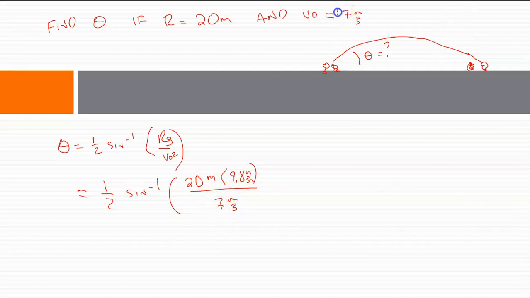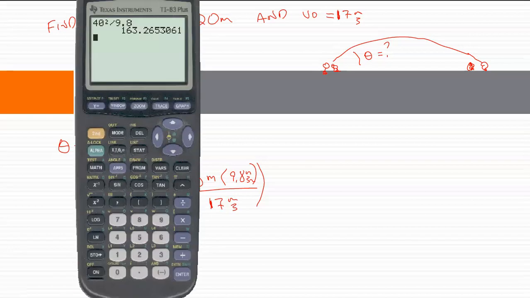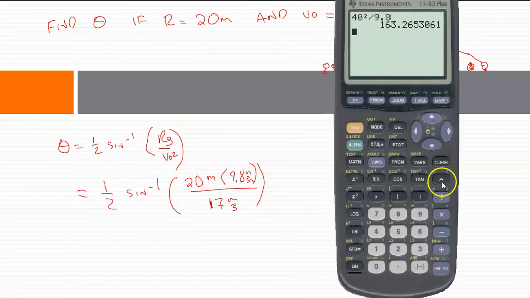Let's crank this up to 17, because I really want to hit this guy here. Okay? All right. There's another point I want to make with this, is just why I'm going to the trouble of picking some more numbers. Still not doing a very good job of it, but 0.5 arc sine 20 times 9.8 divided by 17.